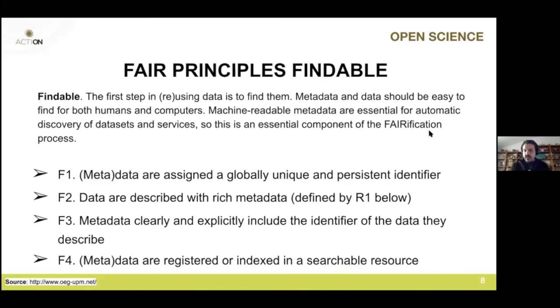The persistent identifier is an identifier that the repository assigns to your resource, so it is always present in the repository. And of course, you have to describe all your data or resources with metadata.